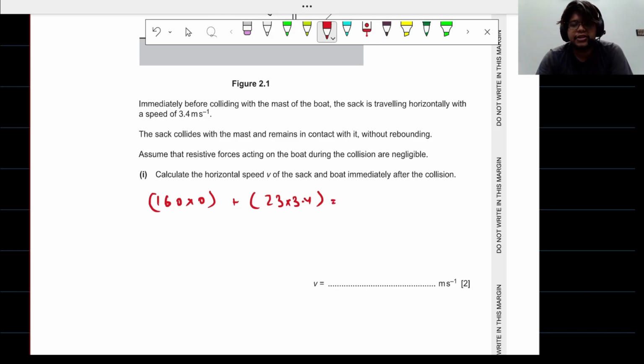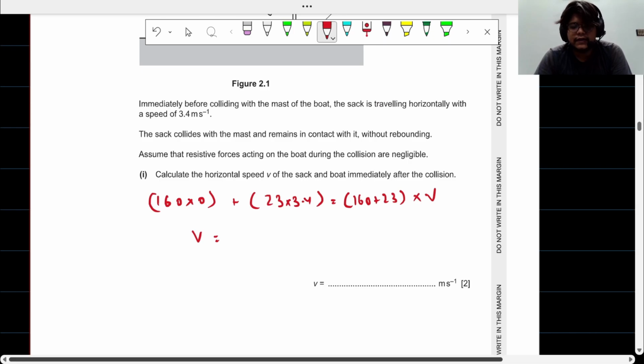After collision, they both stick together, so now they act as one body. Their combined mass would be 160 plus 23, and we need to find their velocity. Their velocity would be 23 times 3.4 divided by 183.